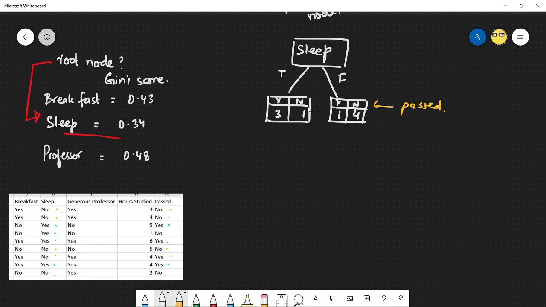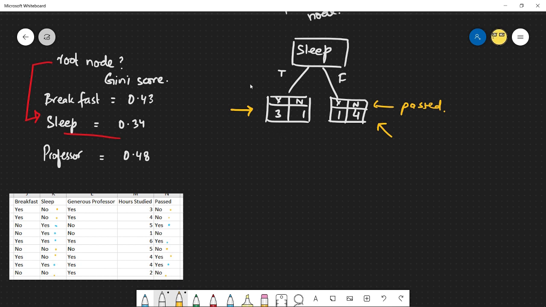So we have now decided that for our decision tree, we're going to be using sleep as our root node because it had the lowest Gini score. But we're not going to stop right then and there. Instead, we're now going to think about which category we should split on here too.